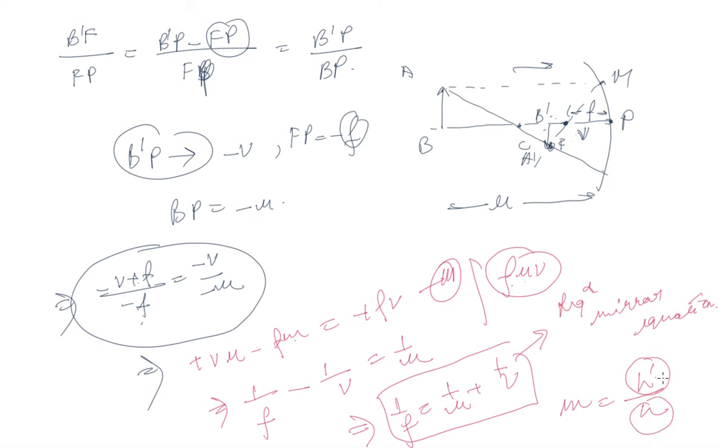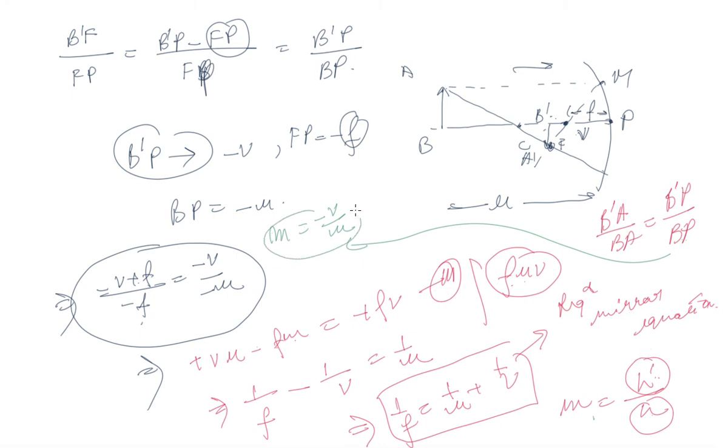H' upon H is nothing but B'A' upon BA, which, from the similarity of triangles, is B'P upon BP, that is magnification M. So M is actually equal to minus V upon U.